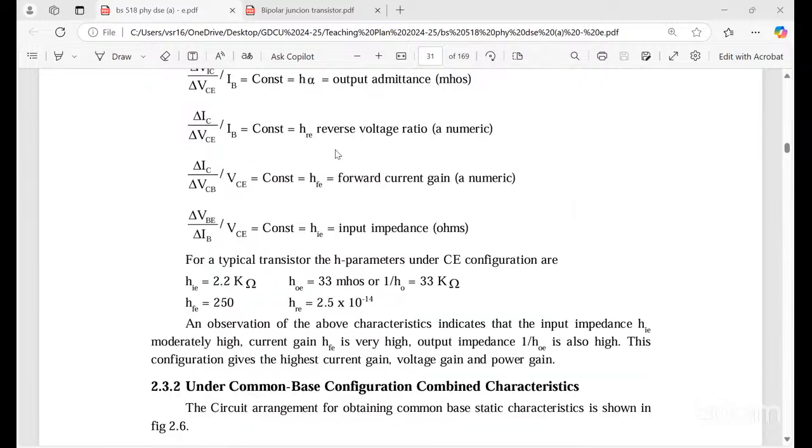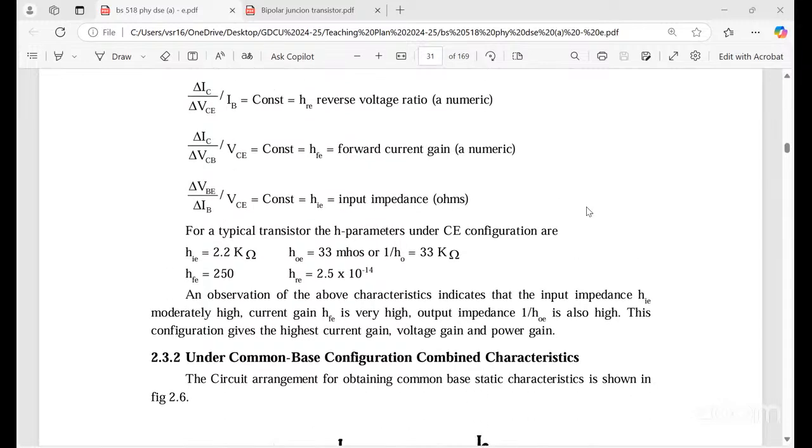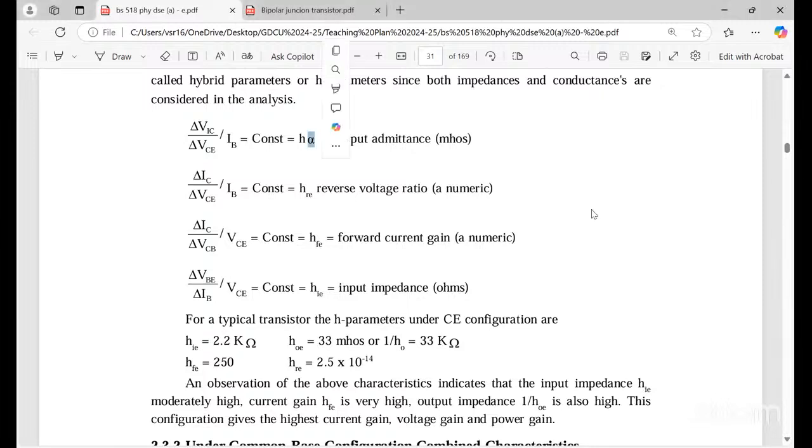Then the other one is HRE, reverse voltage ratio. HFE is the forward current gain, and HIE is the input impedance. So this is HOE, not alpha, a print mistake. HOE output admittance, HIE input impedance, HRE reverse voltage ratio, and HFE forward current gain.